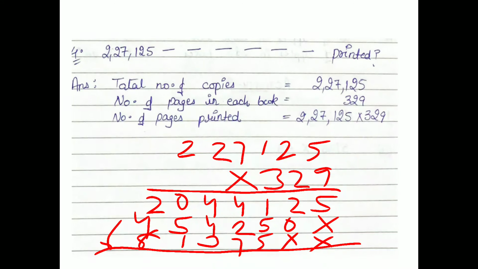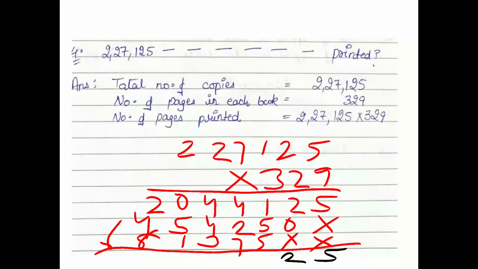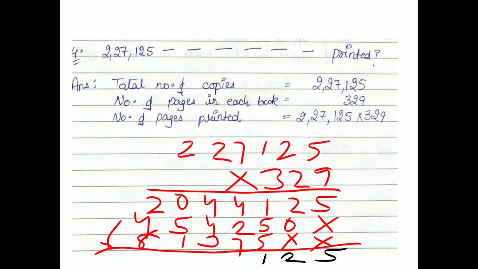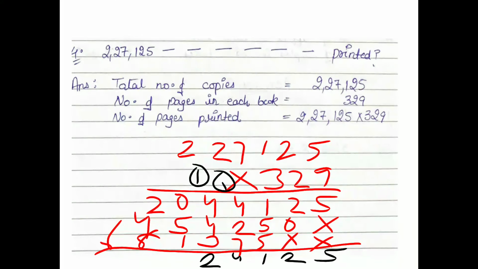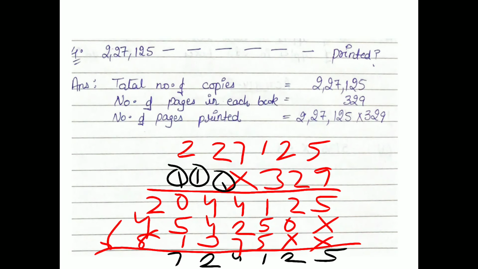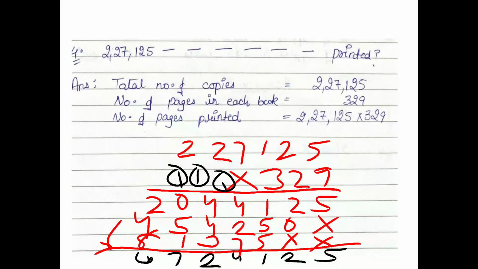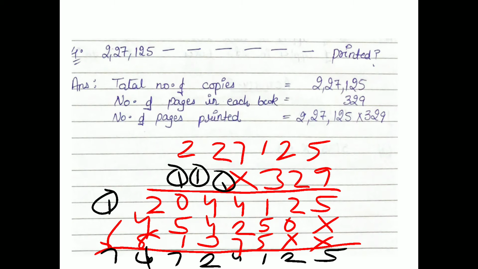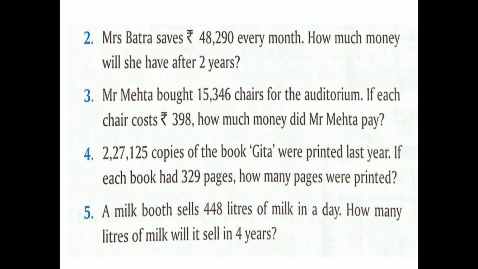Add them. 5, 2, 5 plus 5, 10 plus 1, 11. 7 plus 2, 9 plus 1, 10 plus 4, 14. 4 plus 4 plus 4, it will be 12. 5, 6, 7, 8, 9, 10, 10 plus 4, 14, and 7. So your answer will be 74,72,41,25. Clear? Now we do question number 5.